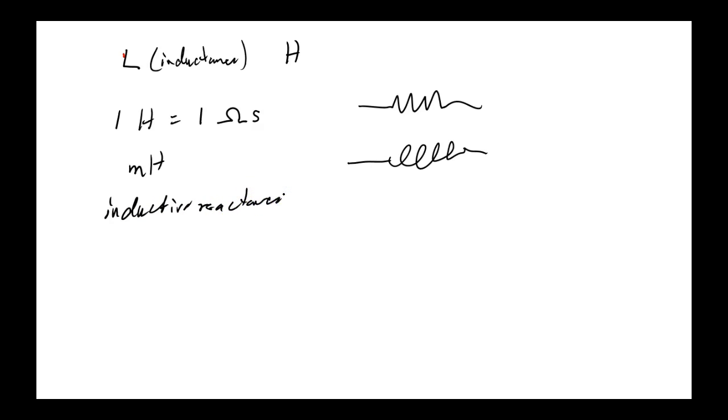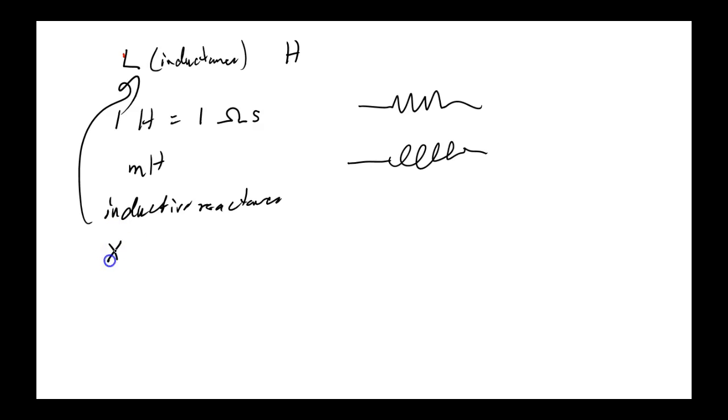Now, inductive means it comes from an inductor. Reactance means it kind of acts like a resistance. In fact, it has the same unit, which is an ohm. The inductive reactance is given this symbol.